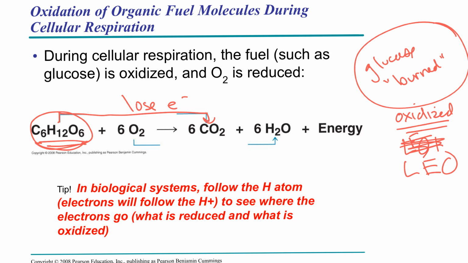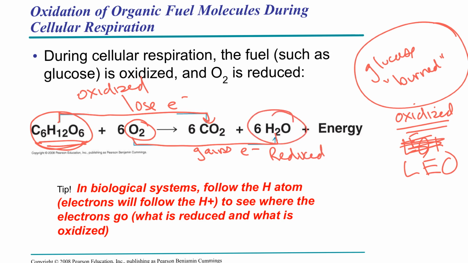If the glucose is oxidized, then something else has to be reduced, and you're right, it's oxygen. Oxygen gains those electrons, and it becomes reduced, and it becomes water. Now here's something that's just going to blow your mind.